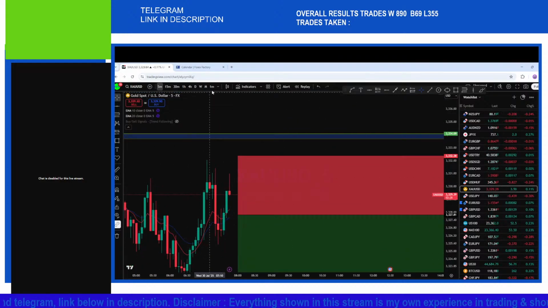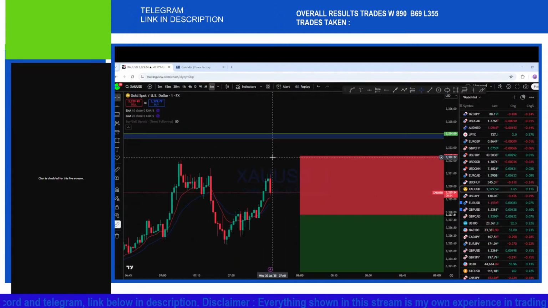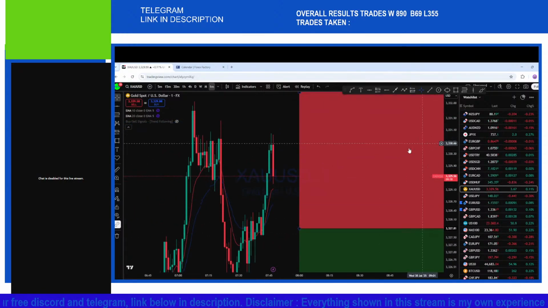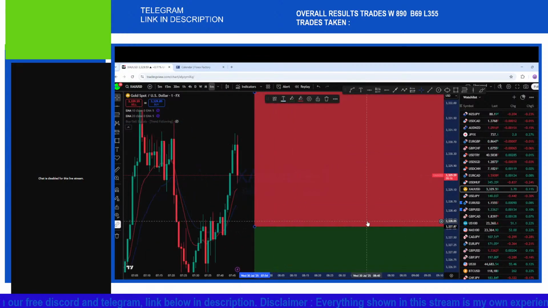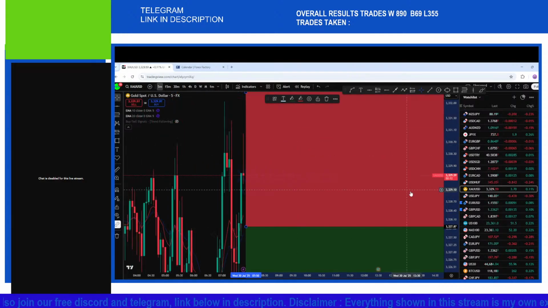We're getting some rejection here from the 1 minute. We see that long wick candle.